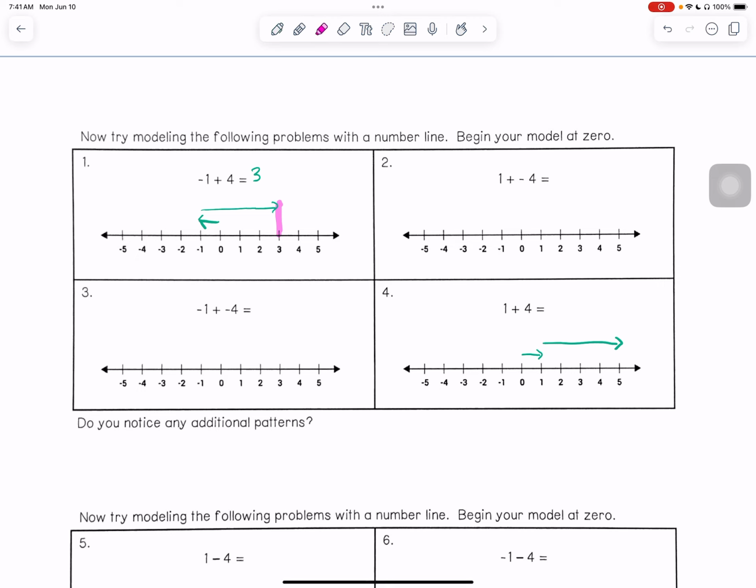So our answer is going to be right here. It is 5. Now I want you to take some time and see if you can get all of these problems done by modeling the following problems with a number line. Make sure you remember to begin your model at 0.